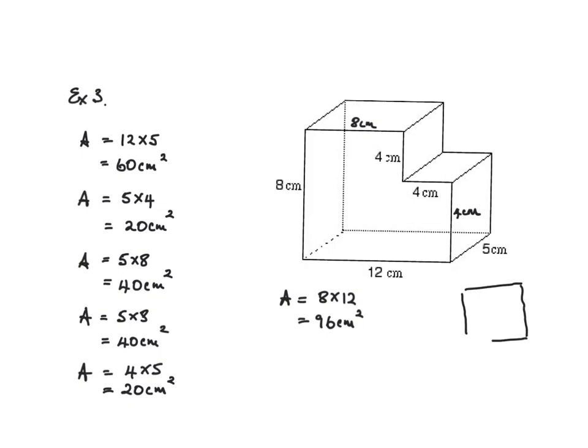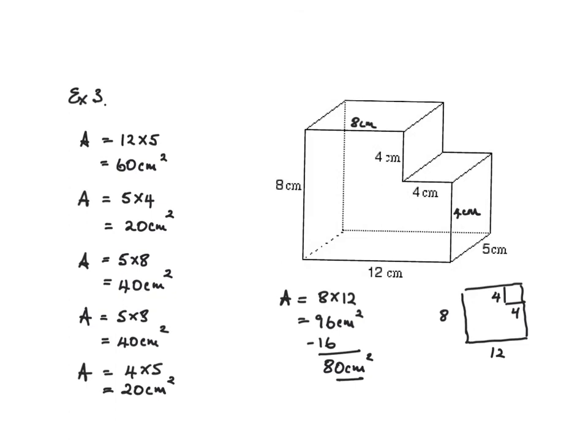It's 8 times 12, but there's a piece cut out, which is 4 times 4. That's this part here. Now 4 times 4 is 16. So I'm going to subtract 16 from this, and that gives me 80 centimetres squared. Now, what we have to do is to add all these up together. Let's just check how many we have.